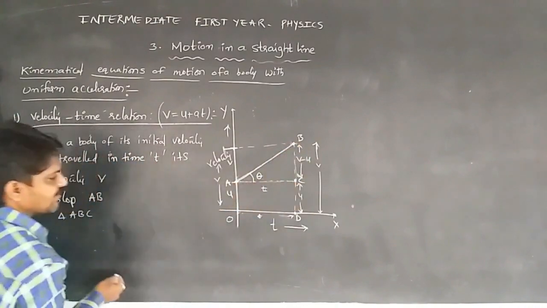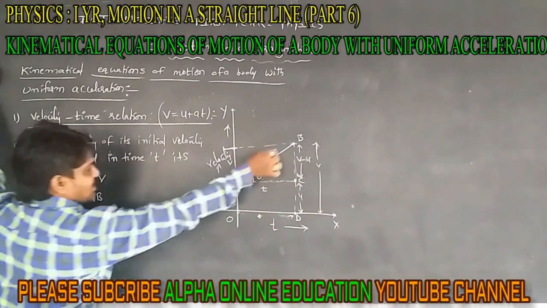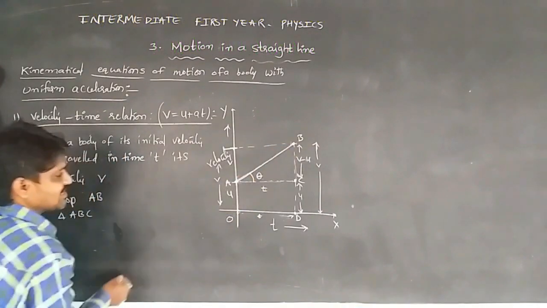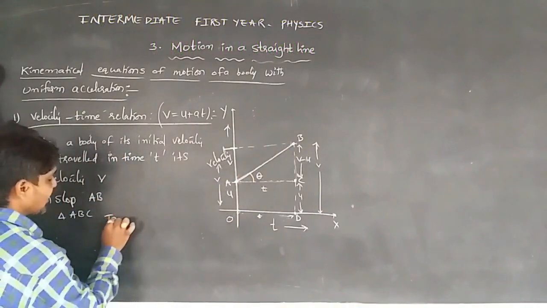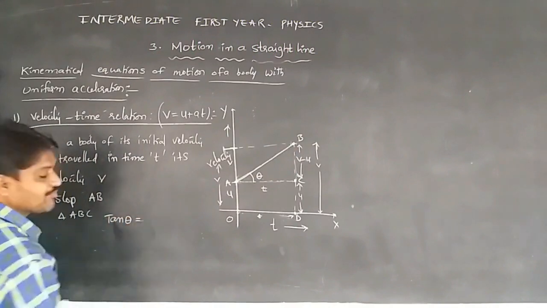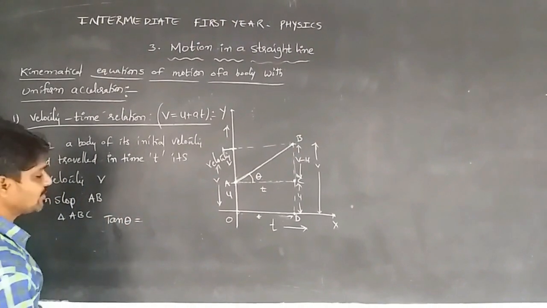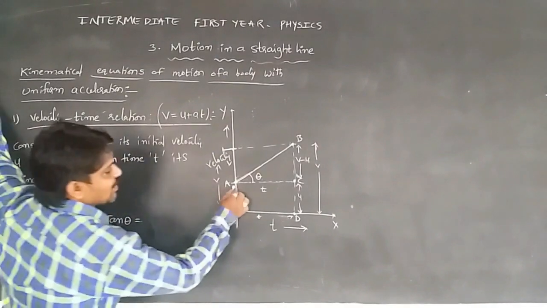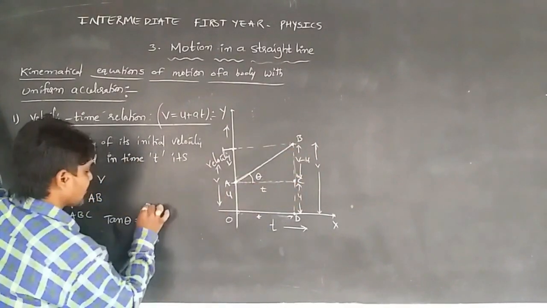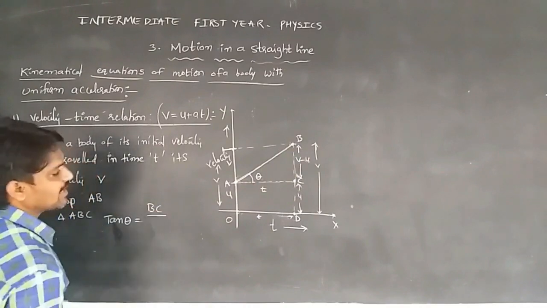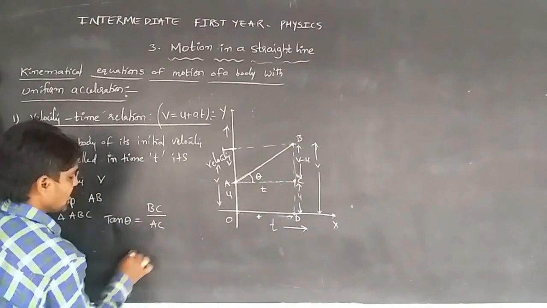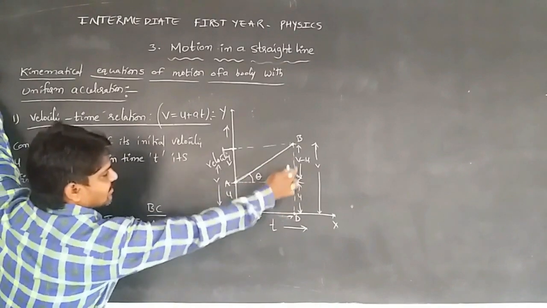It is a tangential line, so tan theta is equal to opposite by adjacent. What is opposite? BC, by what is adjacent? AC. But we know that BC is v minus u.